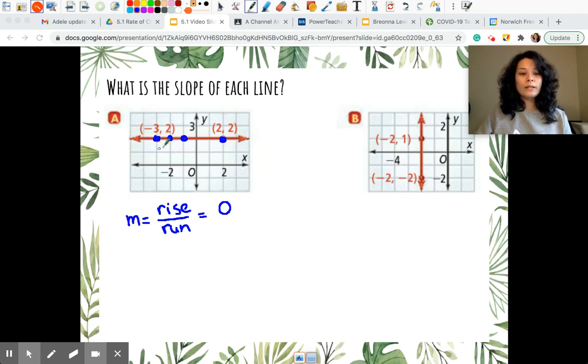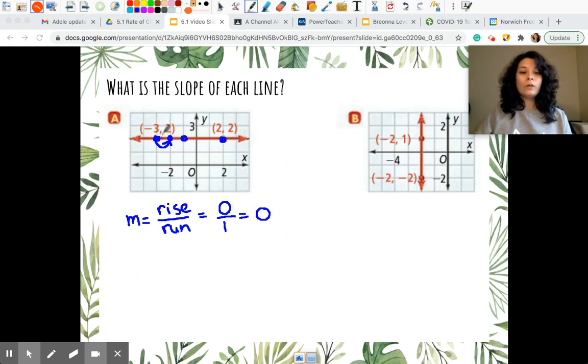But I can run, and it doesn't matter which point I do this with, right? If I go from this point to this point, I could run a +1, or I could run +2. It doesn't matter what I do here. I'm going to get the same slope no matter what, because 0 divided by a number is just 0.